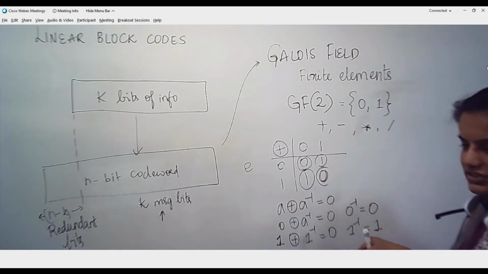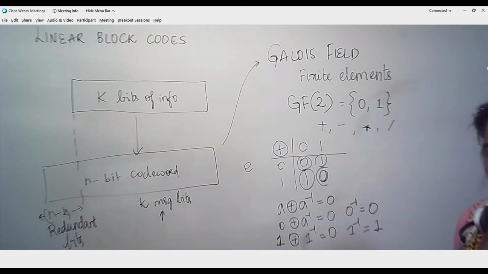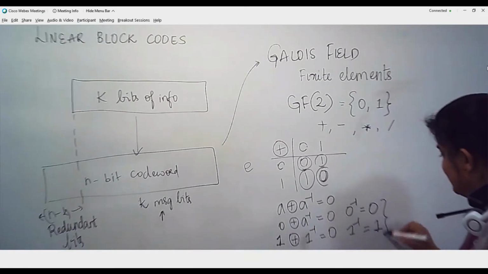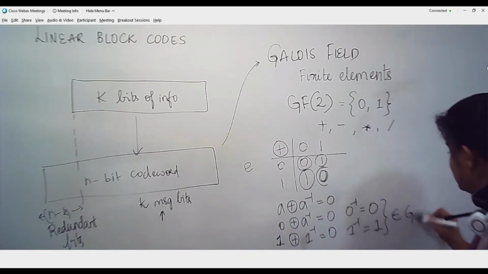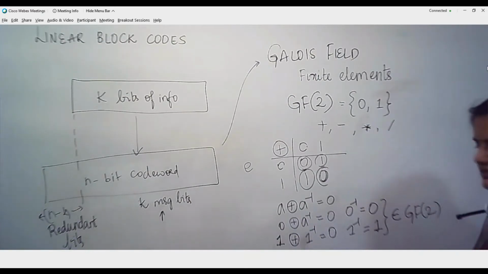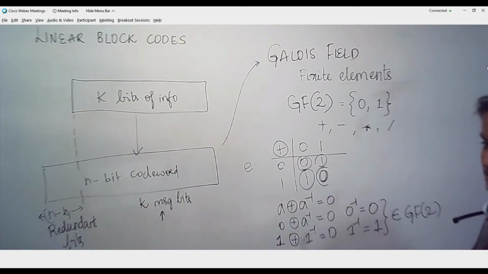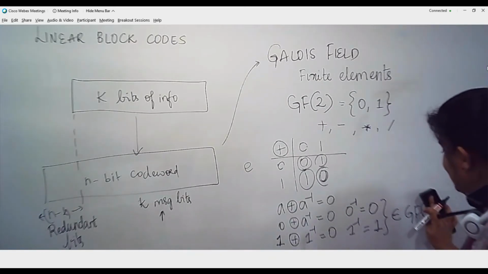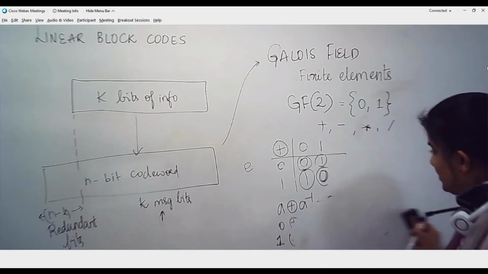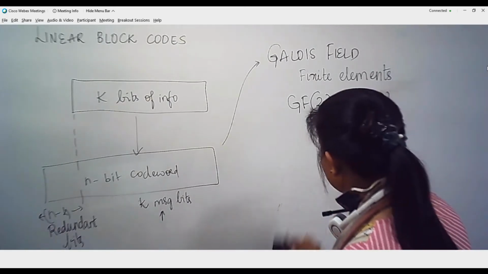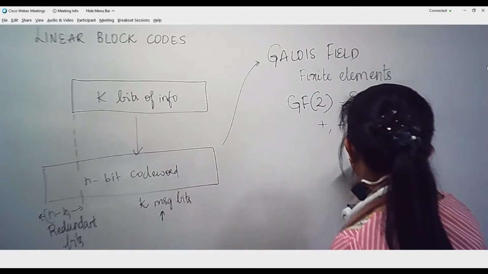So the inverse of 1 is 1 itself. You can see even the inverse elements belong to the same GF2 field. That's the reason why we call it a field. Though we know it is a field, we are trying to validate these statements. So this is what we call the Galois field GF2 under the addition operation.